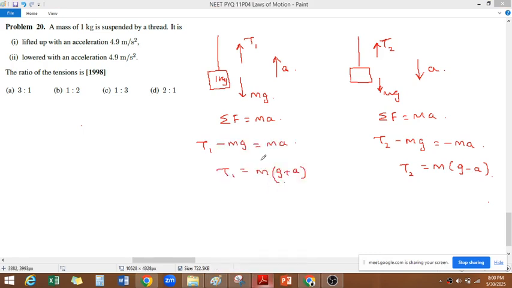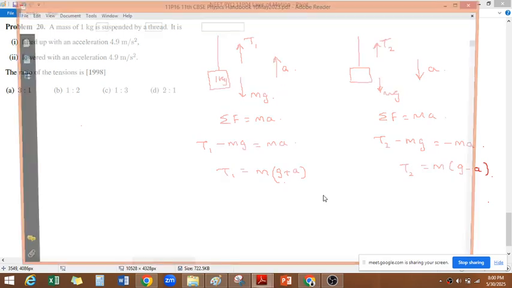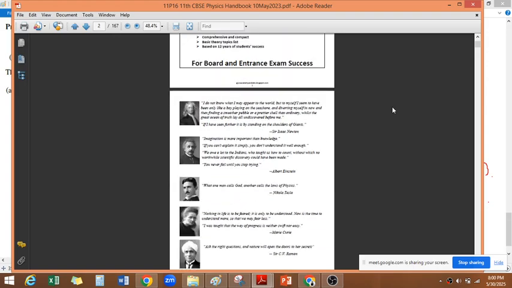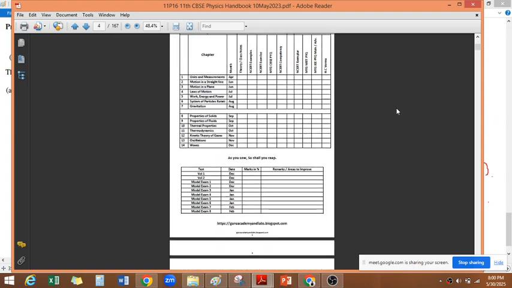If you are wondering where to study these concepts, I'm sure you have studied this in your laws of motion, Newton's laws of motion concepts, but you can always refer to the handbook.